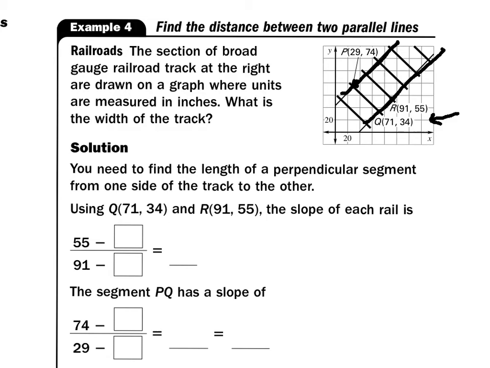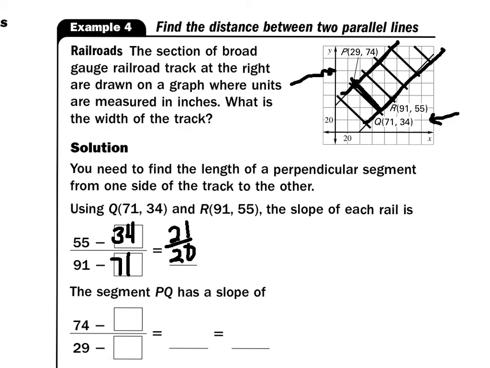Okay, so 55 minus 34, and then 91 minus 71. And that equals 21 over 20. So it goes up 21 over 20. Now, let's see about this line. Remember, if it's perpendicular, then we'll have the flipped over, opposite sign, the negative inverse of the slope.